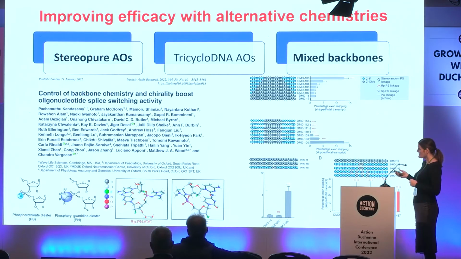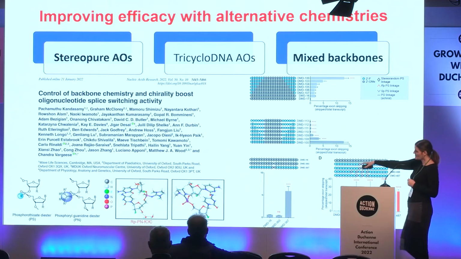And then just beginning of this year, there's a combination of the stereo pure and the mixed backbone. So this was a combined study between WAVE and Matthew Wood's Oxford lab, where there are some new chemistries down there in the corner, don't worry too much what they are, but they had various positions with that chemistry and then different stereo conformations along the length, and they did a massive comparison.